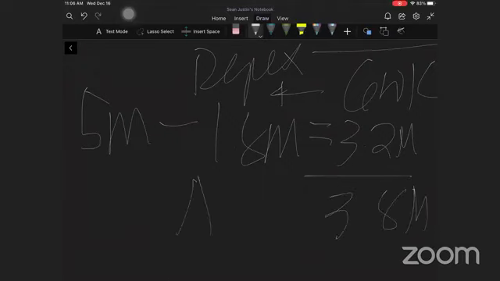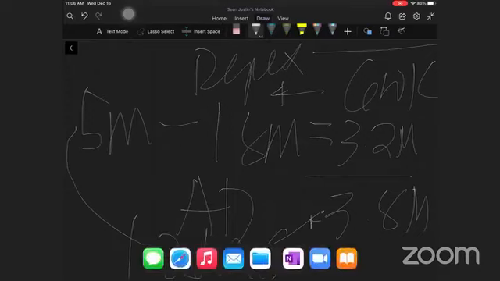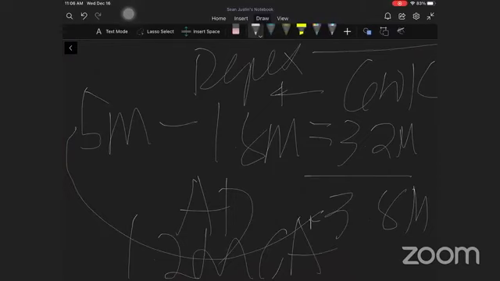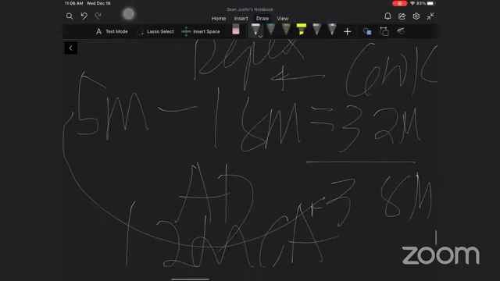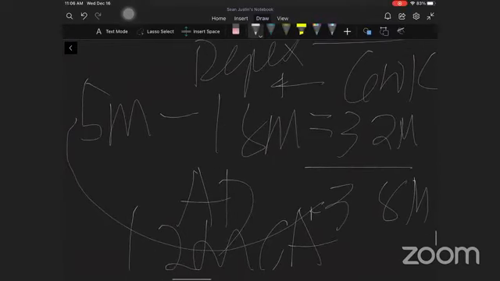That is the accumulated depreciation. Tapos, carrying amount, so 5M cost minus 3.8, that's 1.2 million. That's the carrying amount. So yun ra, di ba? Simple ra. Okay, so that's the answer for problem 2.